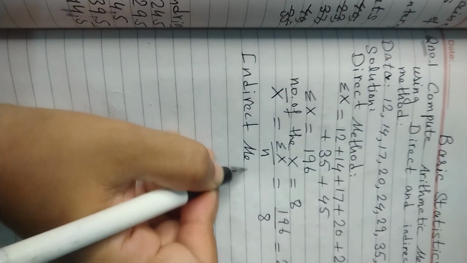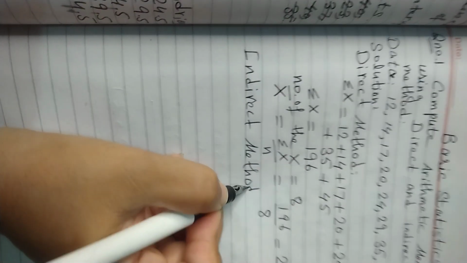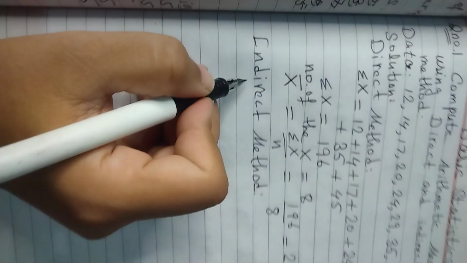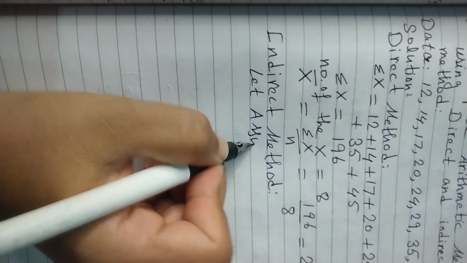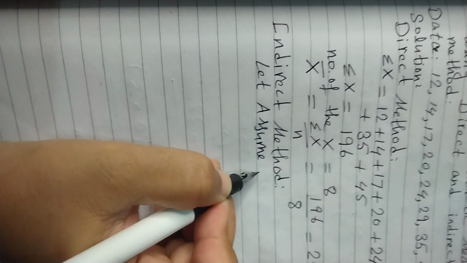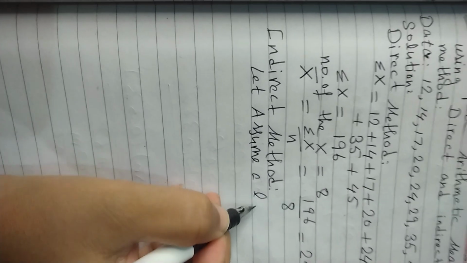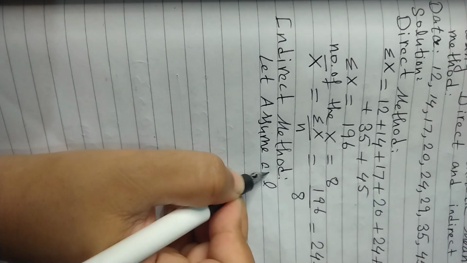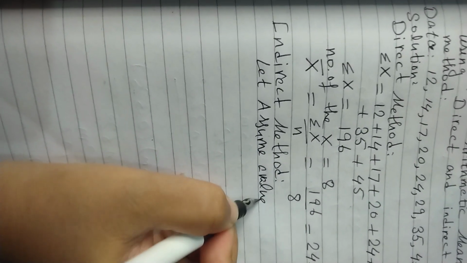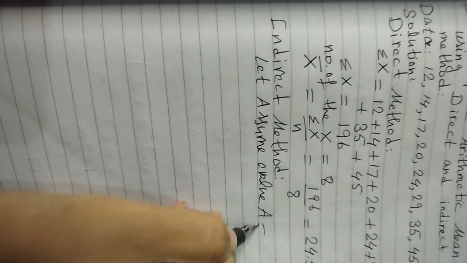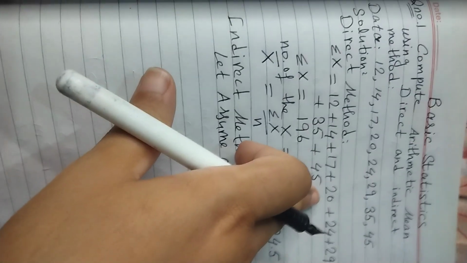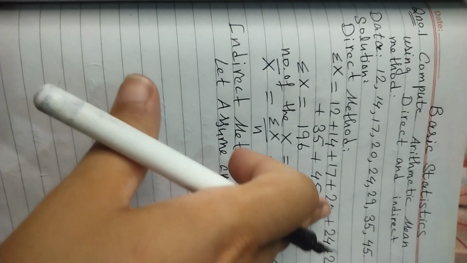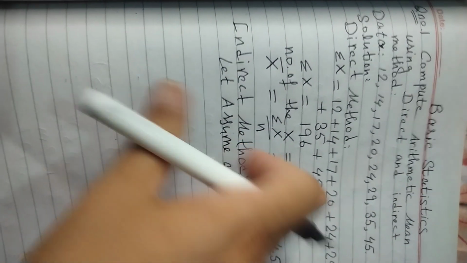Now using the indirect method. In the indirect method, let us assume a value A. You can take any number, and it is possible to take any central value from the data, so I'm taking 20.